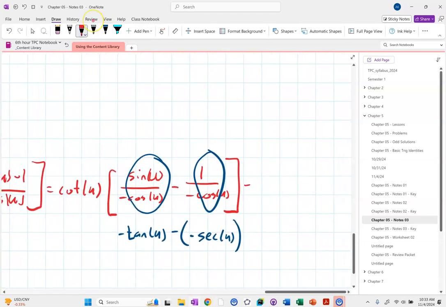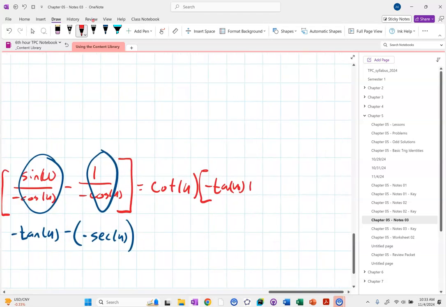And there I have minus a negative, right? So minus a negative we know is a positive. And that's what we're trying to get to, right? It's secant minus tangent, but negative tangent plus secant is the same thing, right? Okay.